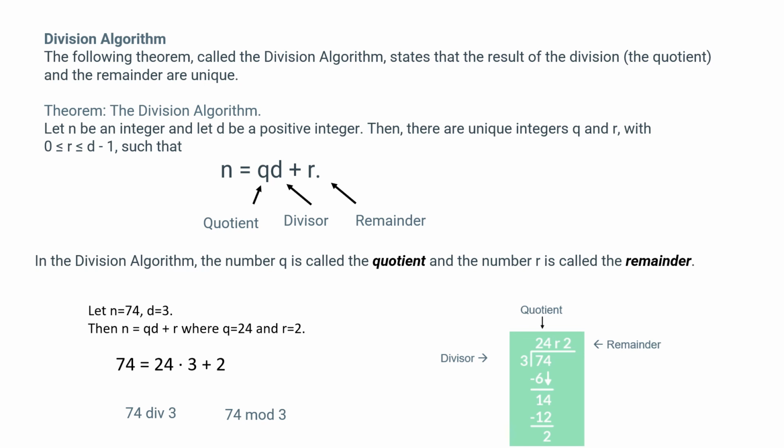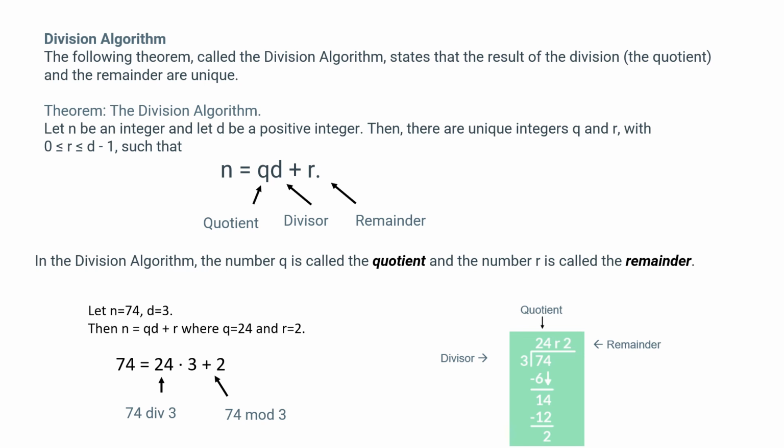Okay, so that's basically what you would be able to say if you did this integer division here. Now, something that's interesting is that what's considered q in this n equals qd plus r is, again, that quotient that comes from these two numbers, 74 and 3, using the div operator, 74 div 3. We already said in a previous slide that the div result ends up being the quotient, right? So that's the q for the quotient.